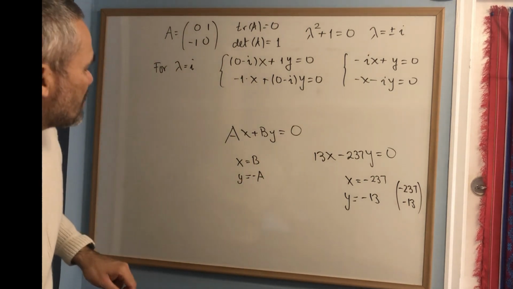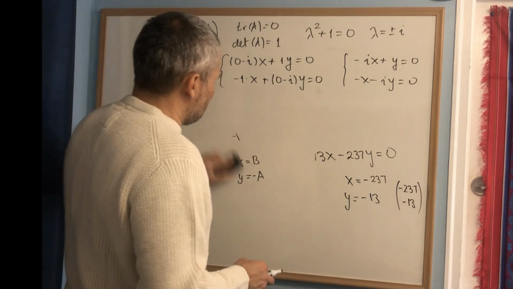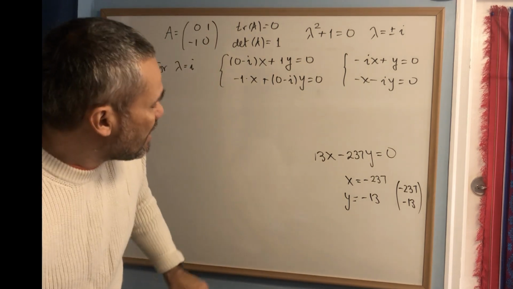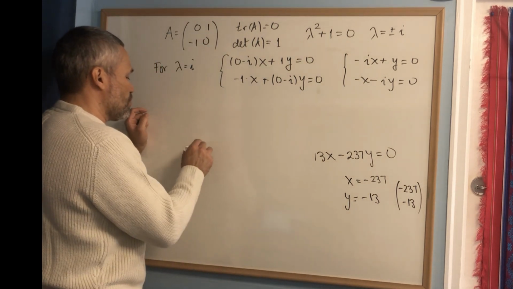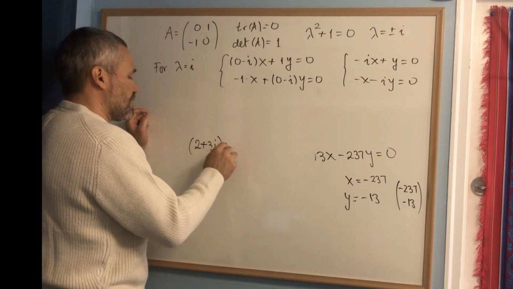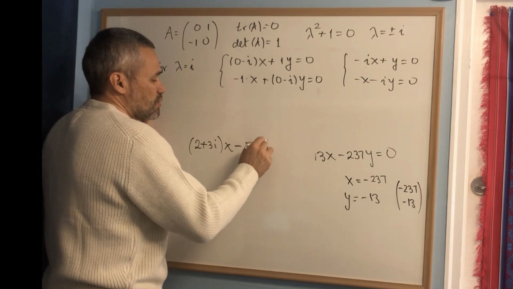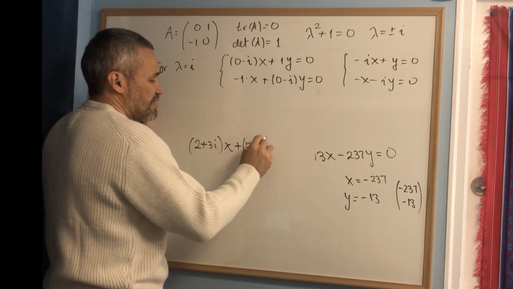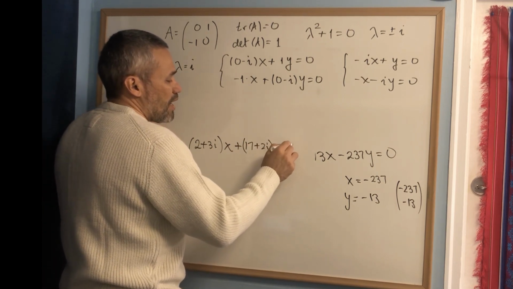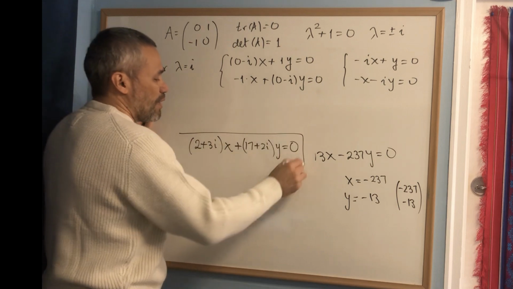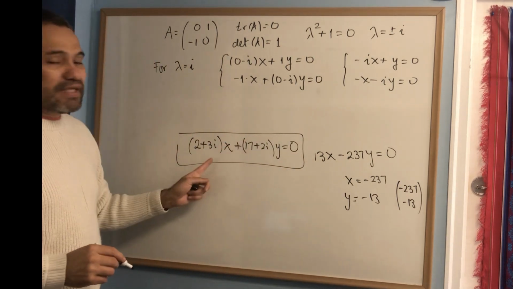And that will always work, even if you have something like an equation of the form (2 plus 3i) times x plus (17 minus 2i) y equals 0. How do we pick a solution for this?